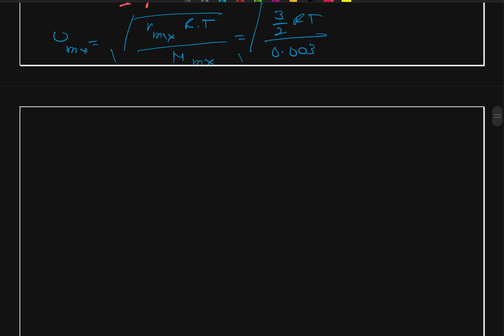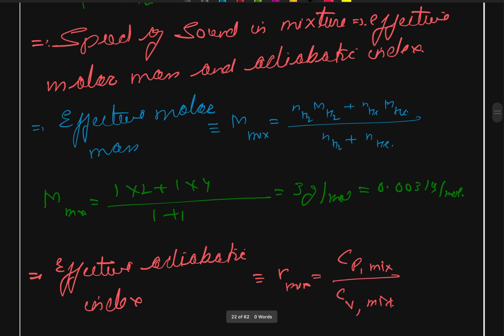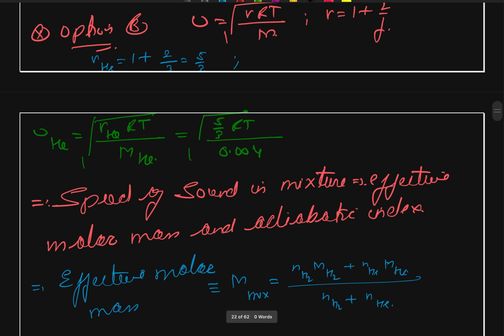We get V of our mix and V of our helium will be equal to the square root of 3 by 2 RT over 0.003, divided by 5 by 2 RT over 0.004 for helium.